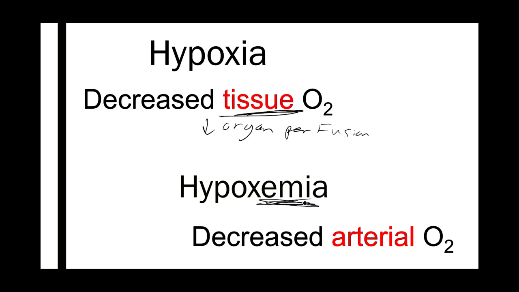Hypoxemia, the EMIA should remind you, is decreased arterial oxygen, and it's defined by less than 60 millimeters of mercury for the PaO2, and the oxygen saturation, which is dependent upon the PaO2, is less than 90%. So that's the definition of hypoxemia.